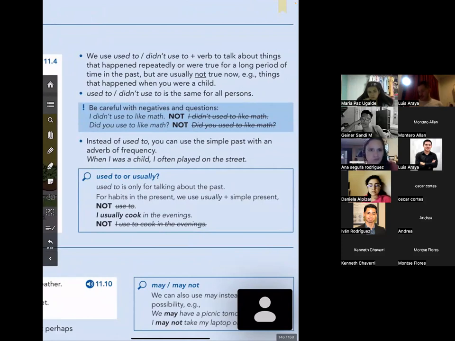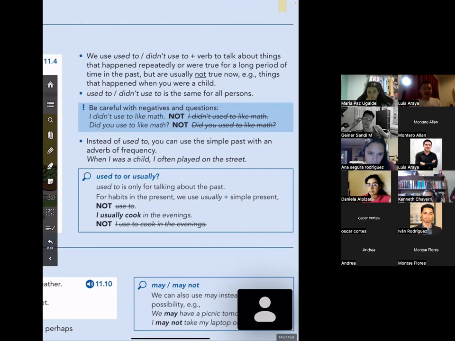Used to is only for talking about the past. For habits in the present, we use usually plus simple present. So if it is an activity that you are performing constantly, it is more common to say usually. For example, you can say, I usually go to work by car. If you're talking about the past, then yes, use used to.